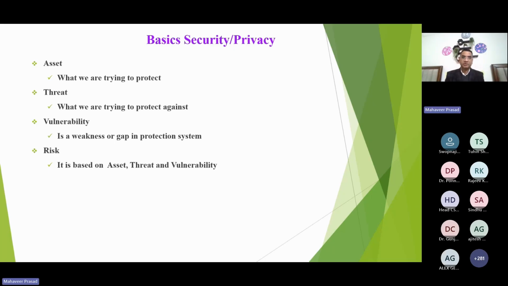What is a threat? A threat is when someone is exploiting our vulnerabilities. So what are the basic threats in the environment of AI? There are a lot of people who are trying to steal our model. They are trying to poison our data, or there are various adversarial attacks.